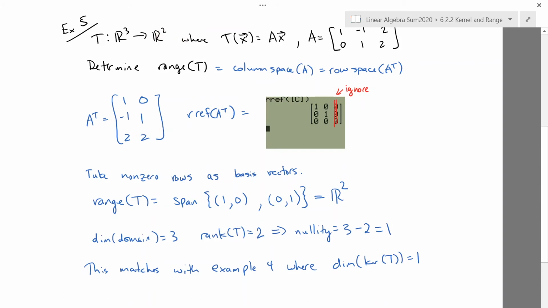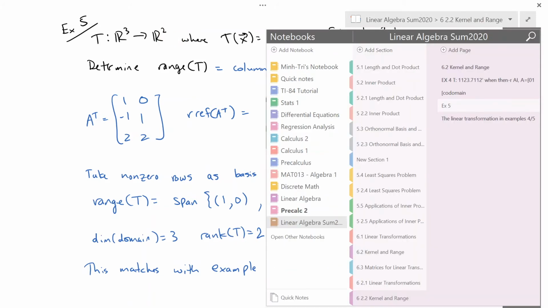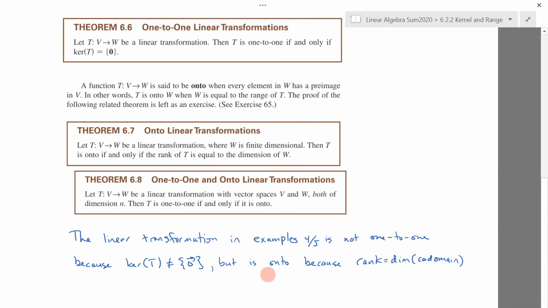The dimension of the codomain was also 2. So we just need to compare the dimensions, and because they're the same, we can see that the linear transformation is onto. Again, this condition here makes it easy to check if it's one-to-one or not, and this condition here makes it easy to check if it's onto or not.